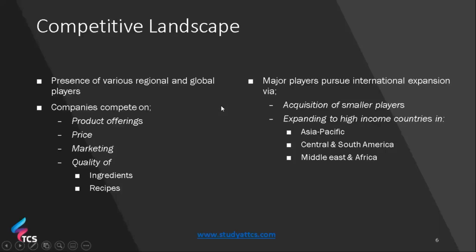Okay, then let's look at the competitive landscape. There is a presence of various regional and global players. So there are local meal kit companies as well as meal kit companies which can be considered multinationals, and companies are competing on product offering.